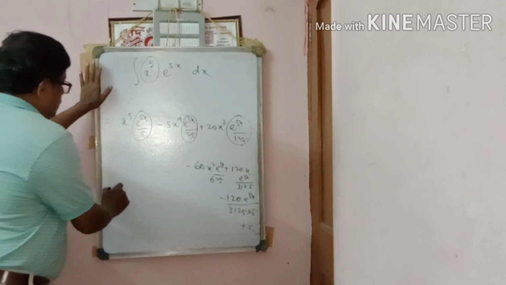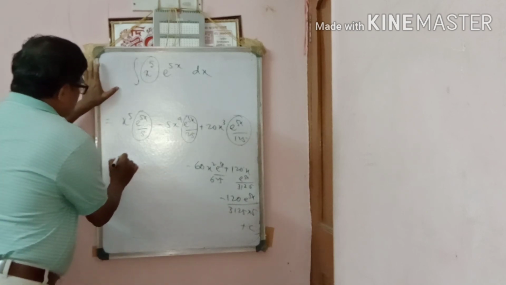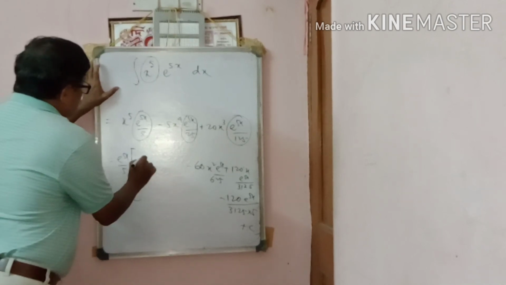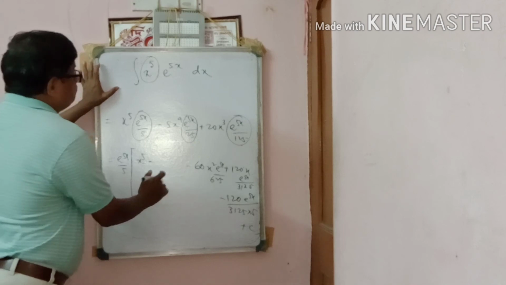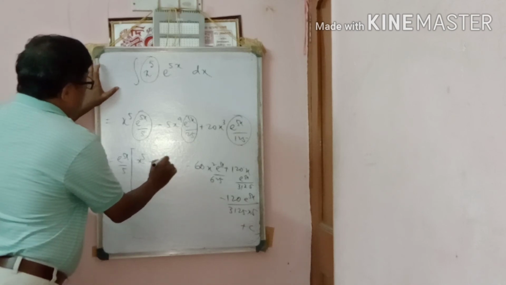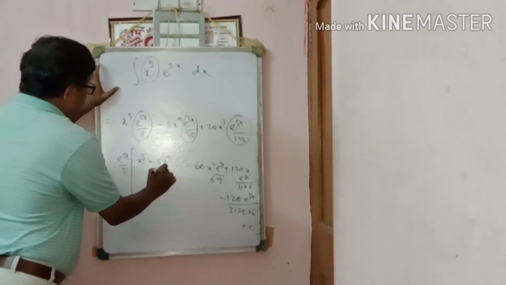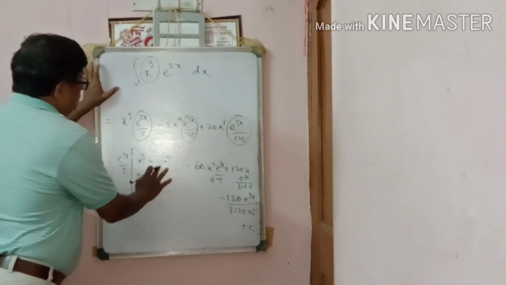Say e to the 5x by 5 common. So x to the power 5 minus 5x to the power 4 by 5. So cancel is there, so 1.